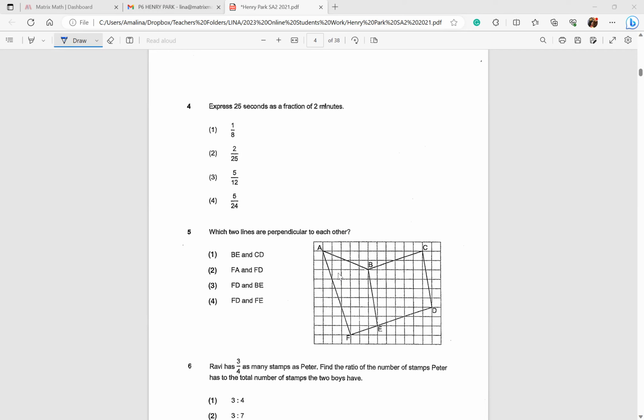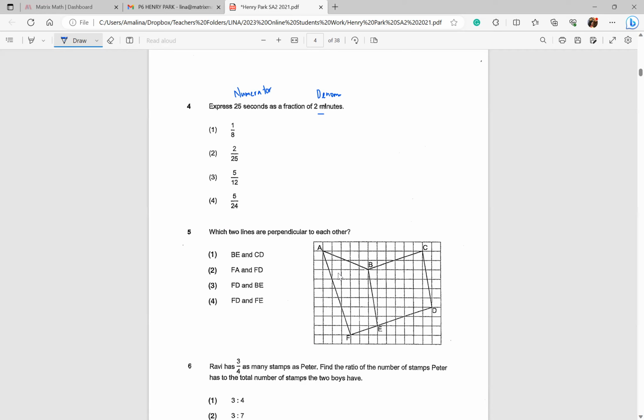So 25 seconds here must be my numerator. It must be the one at the top. And then your 2 minutes here must be your denominator. That's the first thing you have to be very clear about, because I can see some students put the wrong position for their fraction.